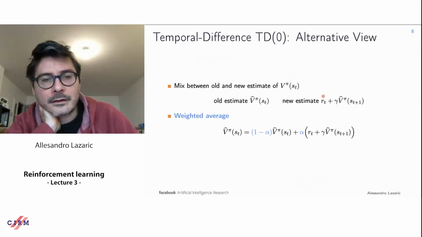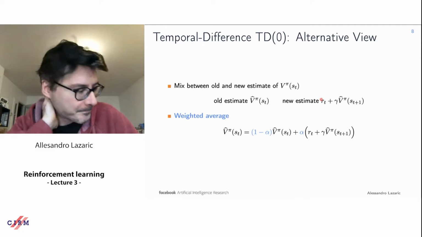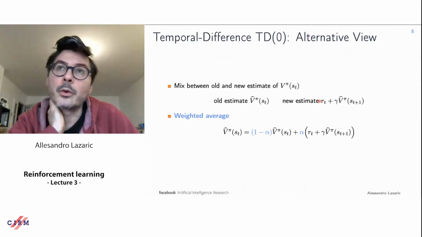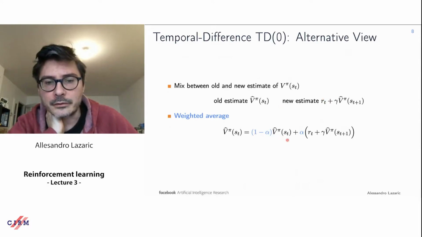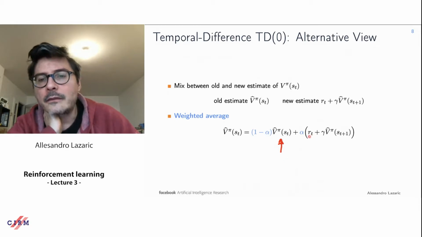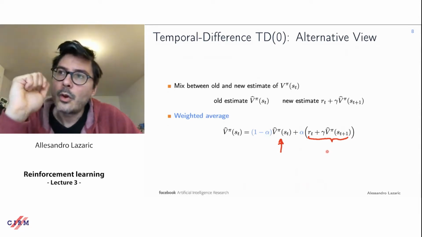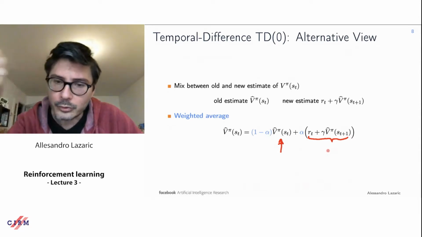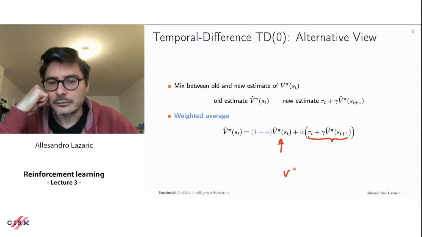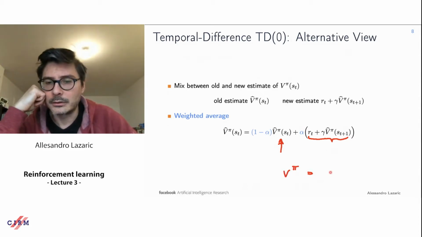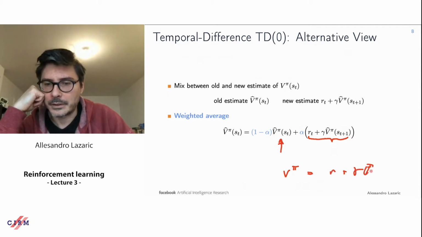And this is yet another perspective, which is more the one of stochastic approximation, where basically we are taking a weighted average between the previous estimate, the old estimate, and what I can think of as the new estimate, or the one-step-forward estimate of the current value function, because again, we know that the true value function would be equal to this r plus gamma expected value of v pi in the next state.